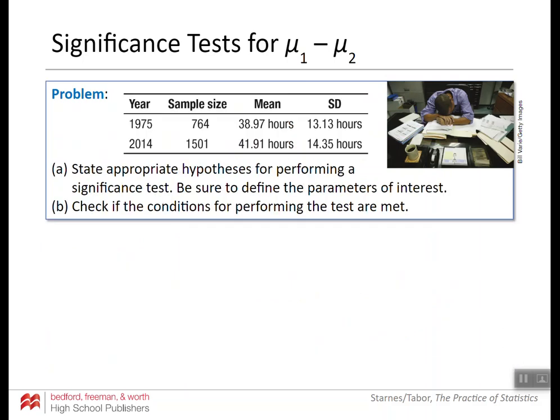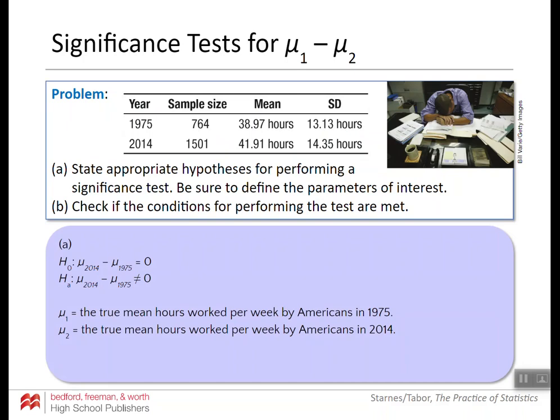So, we are going to state our hypotheses and check our conditions. First, our hypotheses. Null hypothesis is that the mean for 2014 minus the mean for 1975 is 0. Our alternative hypothesis is that the difference is not 0.